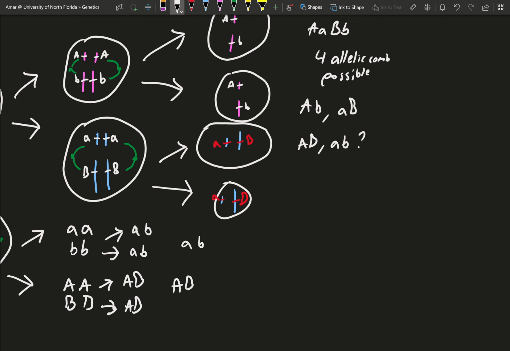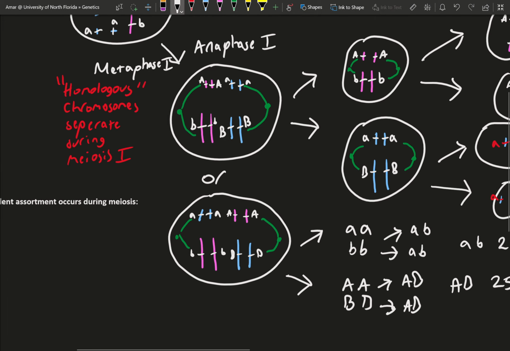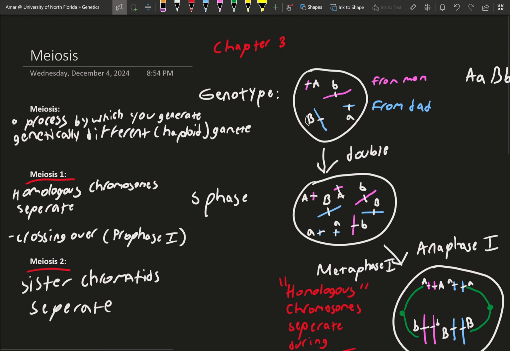But at the same time, these other gametes are also being made, so they combine together to get an equal frequency of each. This will be 25%, this will be 25%, these will also be 25%. And then that is it. That is basically meiosis for y'all. So hopefully that helped you out, and that's it.